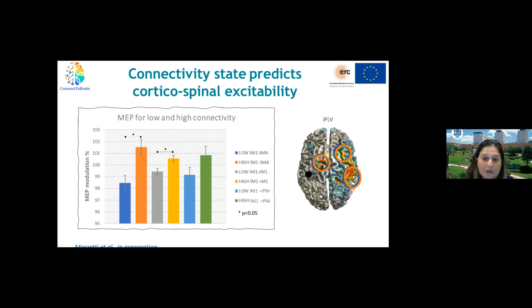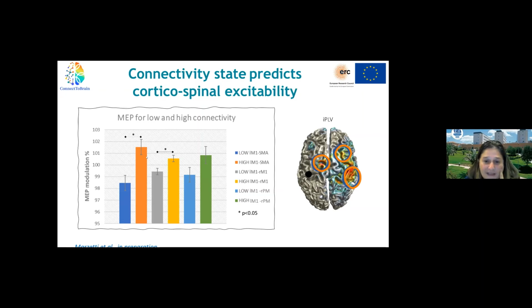And so what we observed is that, for instance, if we pick the first two bars, this is the average across subjects, splitting the trials subject by subject in trials with low connectivity between the left motor cortex and the left SMA, or for instance, high connectivity between the same left motor cortex and the SMA.